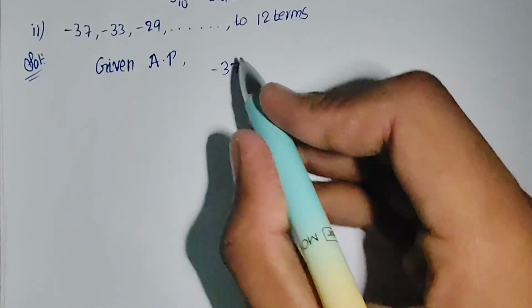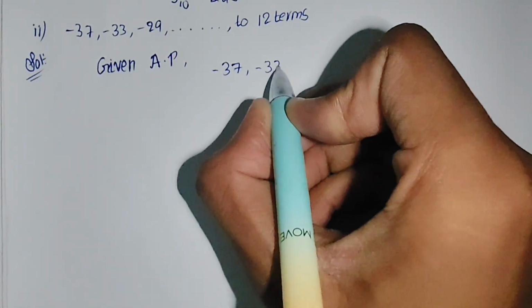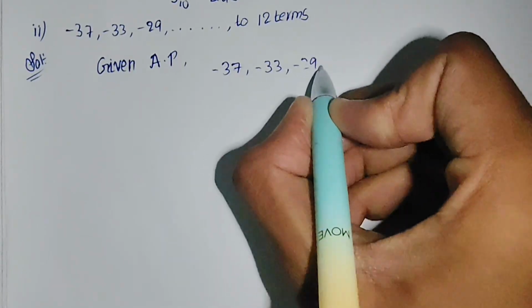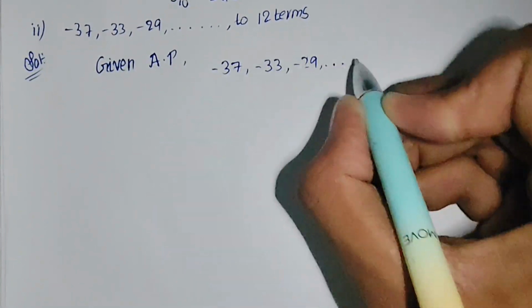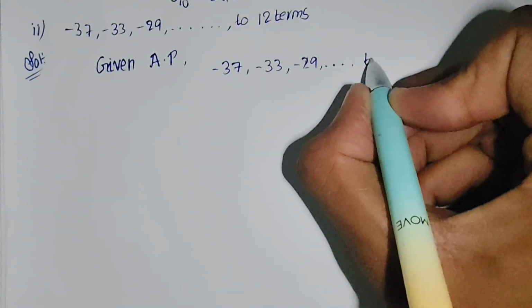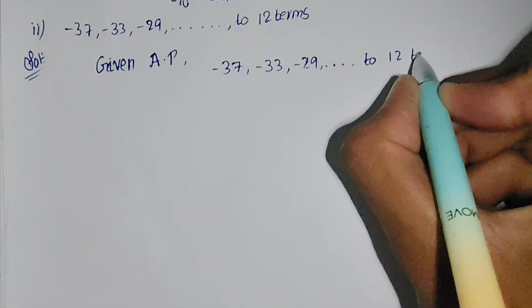Given AP is minus 37, minus 33, minus 29 and so on to 12 terms.